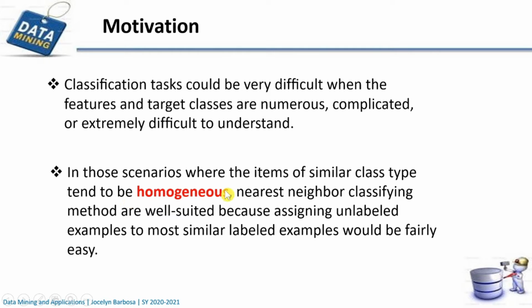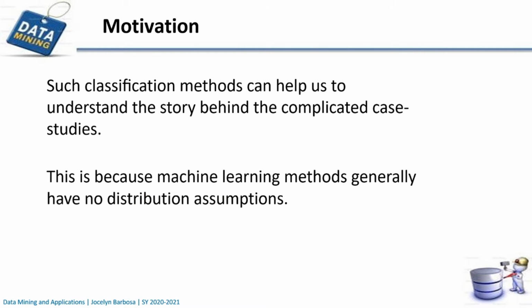In those scenarios where items of similar class type tend to be homogeneous, nearest neighbor classifying methods are well suited because assigning unlabeled examples to the most similar labeled examples is fairly easy. Such methods can help us understand the story behind complicated case studies, because they generally have no distribution assumptions.